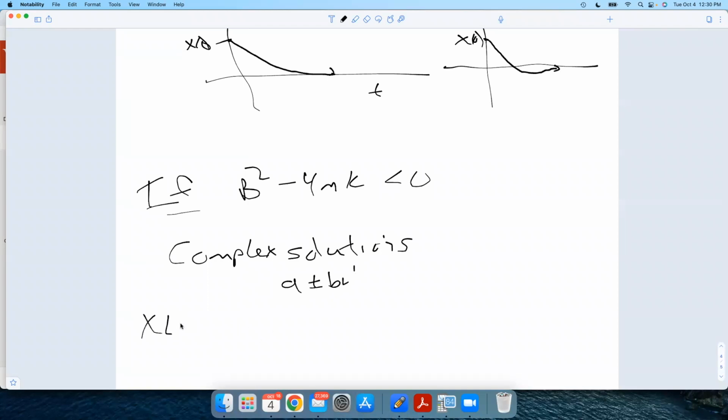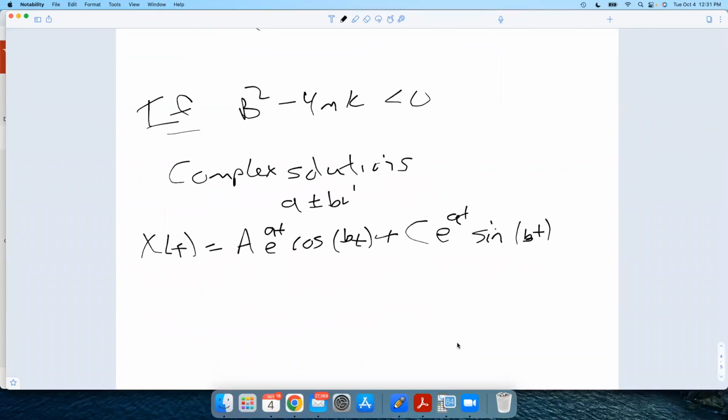Then my general solution will be a e to the at cosine of bt. That's a little b. It's not beta. Plus b, which looks a lot like this beta. Different. Maybe I should use c here. Maybe I'll call this c. e to the at sine of bt.